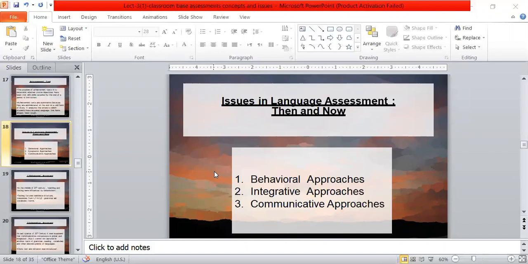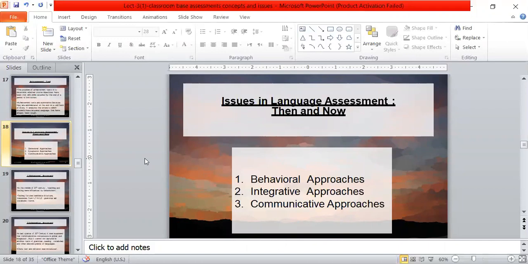In this slide, we are going to discuss the issues in language assessment. Language assessment issues are based on different philosophies, that is behavioral approach, integrative approach, communicative approach.